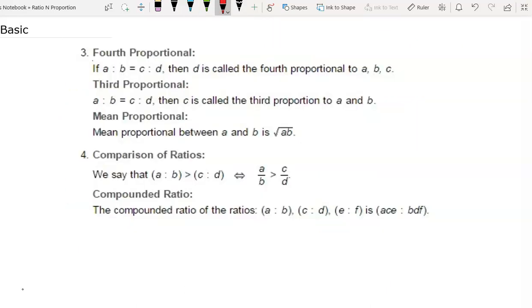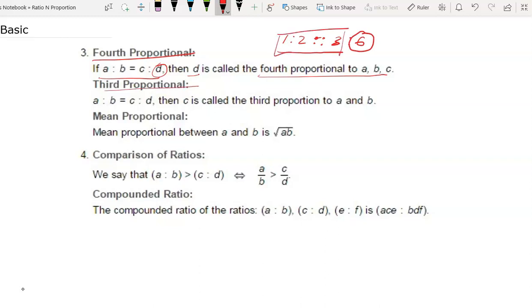Fourth proportional. If A is to B is equal to C is to D, then D is called the fourth proportional to A, B, C. So if we have 1 is to 2 is equal to 3 is to 6, then 6 will be the fourth proportional to 1, 2, 3.